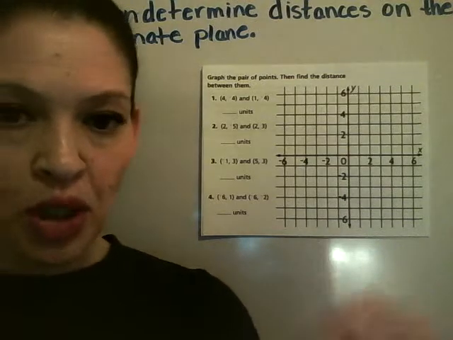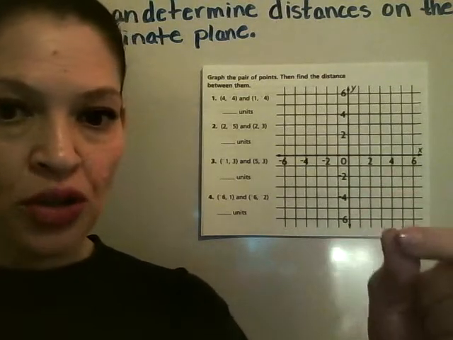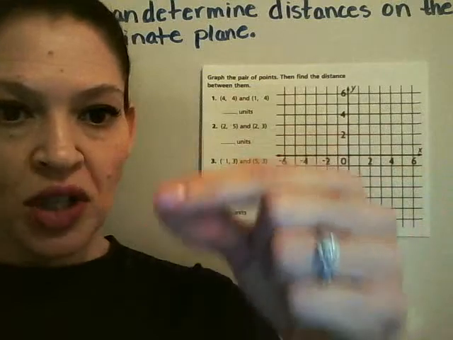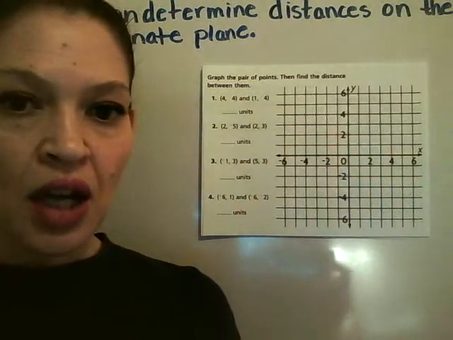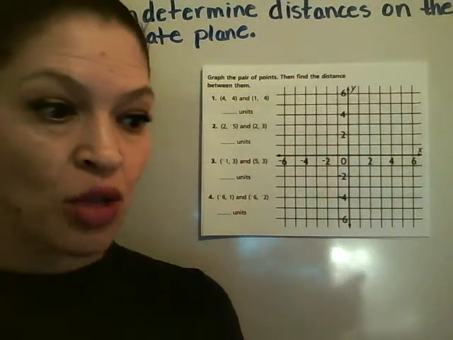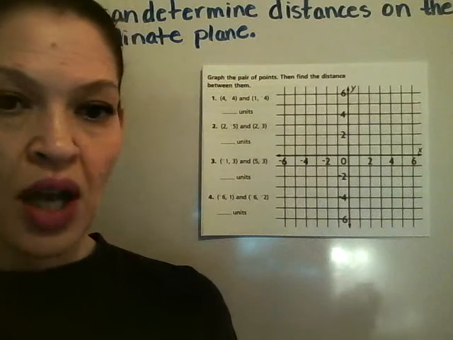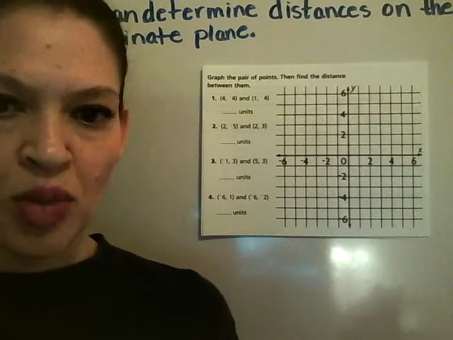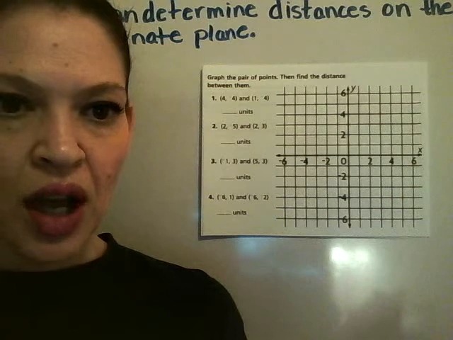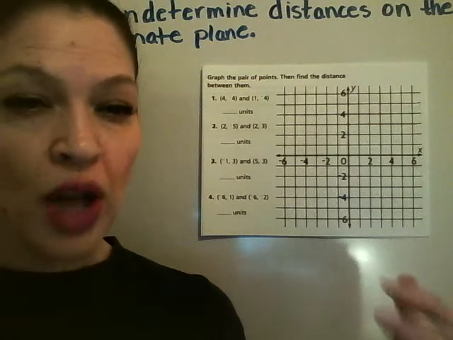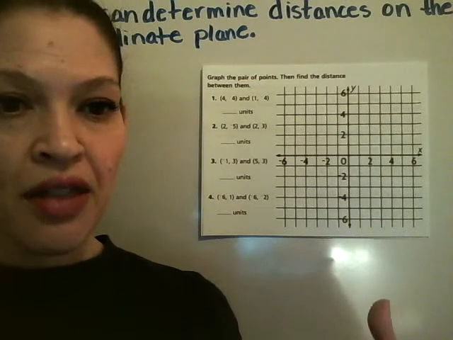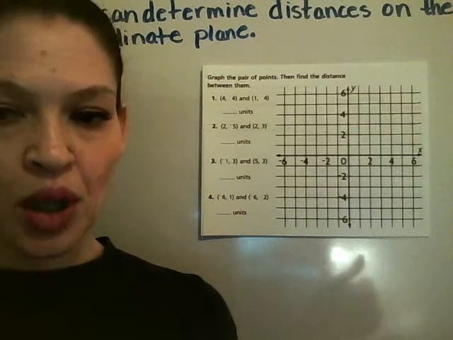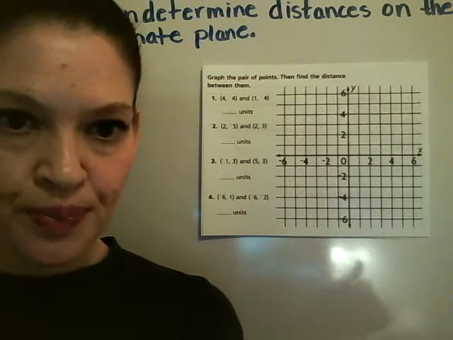Basically we're going to be putting 2 points on the grid, and we're going to count how much distance is in between those, okay? We're going to do 9 problems together, and then you're going to have some independent work to do as well.